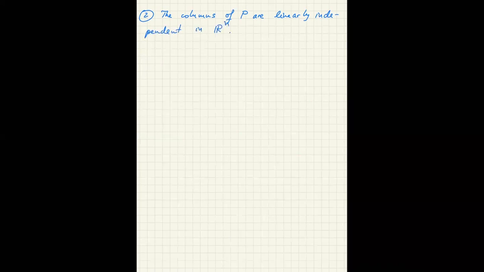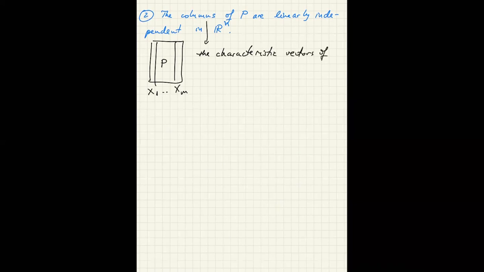And that's easy because they're orthogonal to each other. Remember again, P is this tall matrix, and its columns are the characteristic vectors of x1, x2, up to xn.